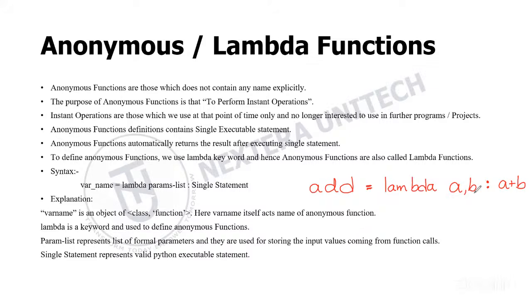So when I give the values of a and b, it will perform the addition and then give me the result. In lambda functions, you do not need to use the def keyword and you don't need to write any return statement. Directly it will return the result.